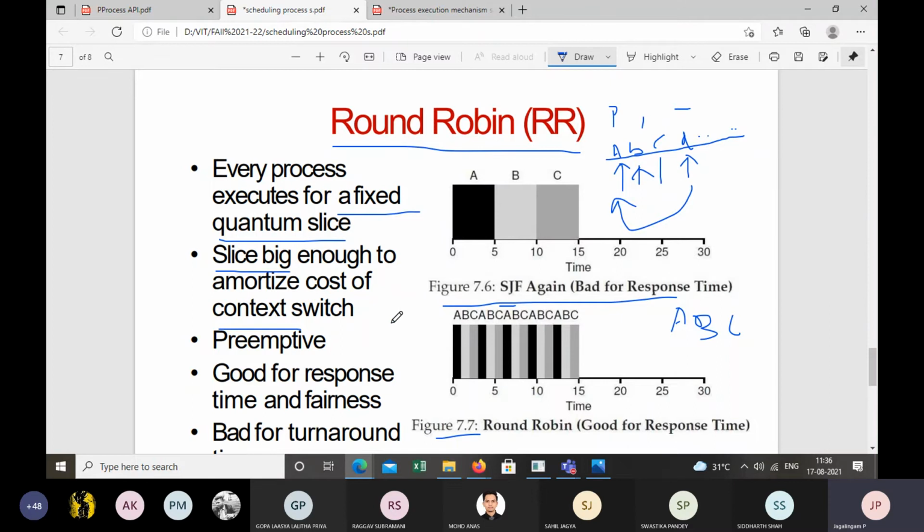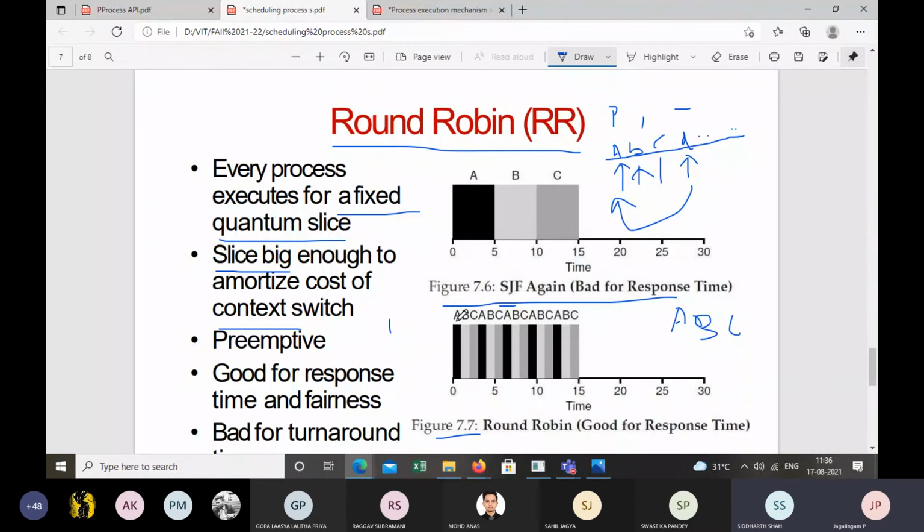You cannot run the process for only 1 millisecond, or a microsecond. Why? Because context switch also takes some time.